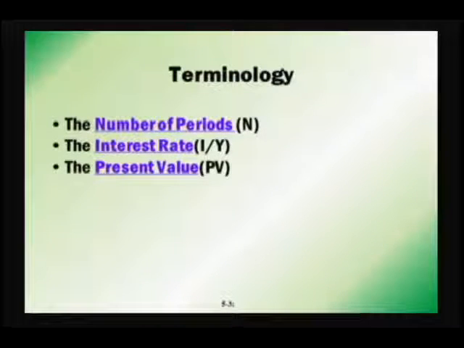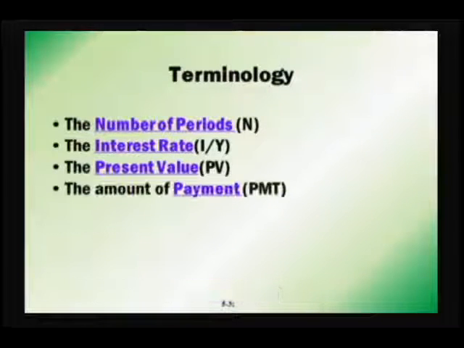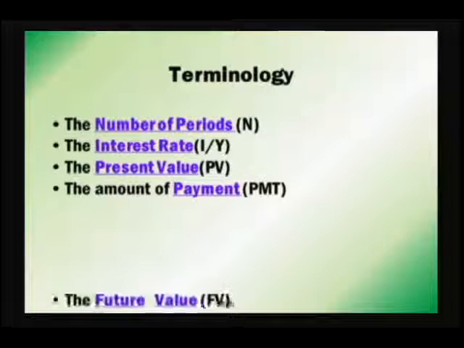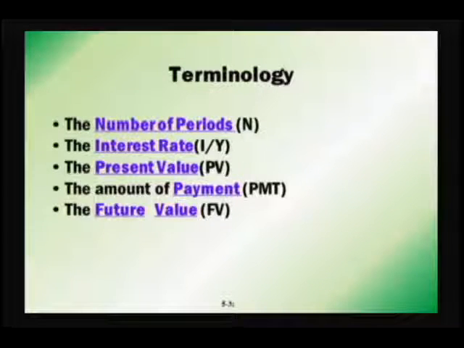We'll talk about present value. On a timeline, the present value will always be the earlier value. We'll talk about a future value. The future value is the later point on a timeline. So if I have a problem that involves dollars today and dollars 10 years from now, if I draw that on a timeline, today is the earlier time frame, which would be the present value.